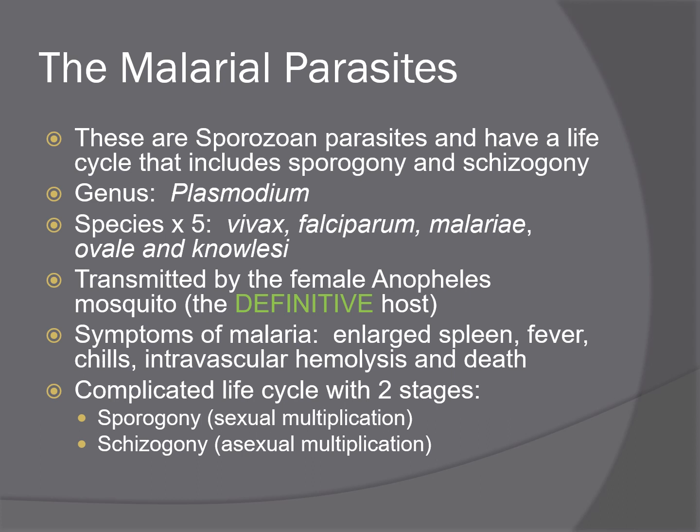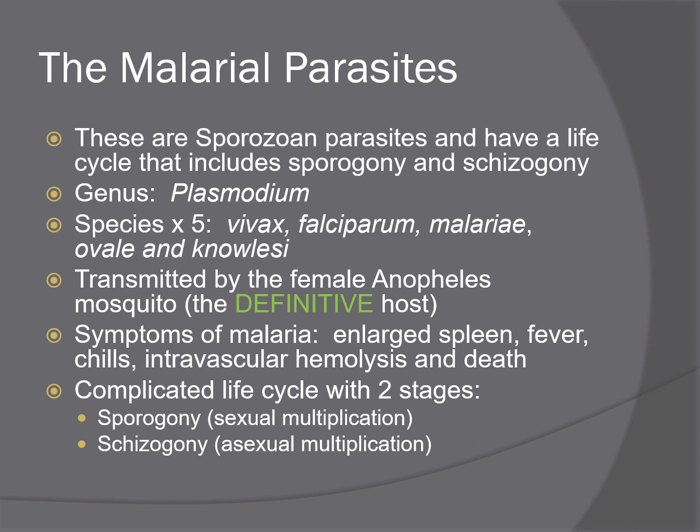Let's take a look at the malarial parasites. These are sporozoan parasites and have a life cycle that includes sporogony and schizogony. The genus of organism that causes malaria is Plasmodium, and there are 5 species: vivax, falciparum, malariae, ovale, that's the one I forgot, and knowlesi.